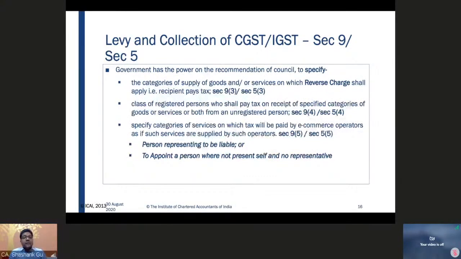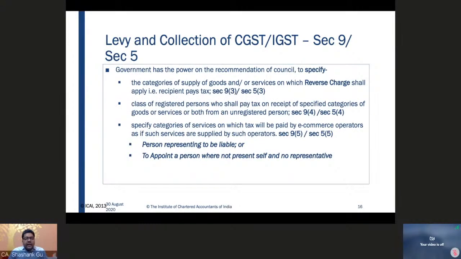Next it says, class of registered persons who shall pay tax on receipt of specified categories of goods or services or both from an unregistered person. So this was a slightly unreasonable kind of compliance which was added under GST.